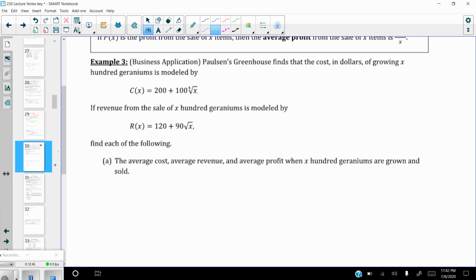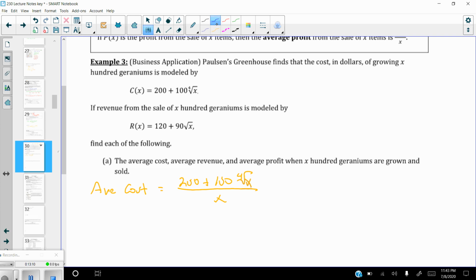We know that the average cost is going to be the cost function divided by X. So the average cost is going to be the cost function, which is 200 plus 100 times the fourth root of X, divided by X. That's your average cost.